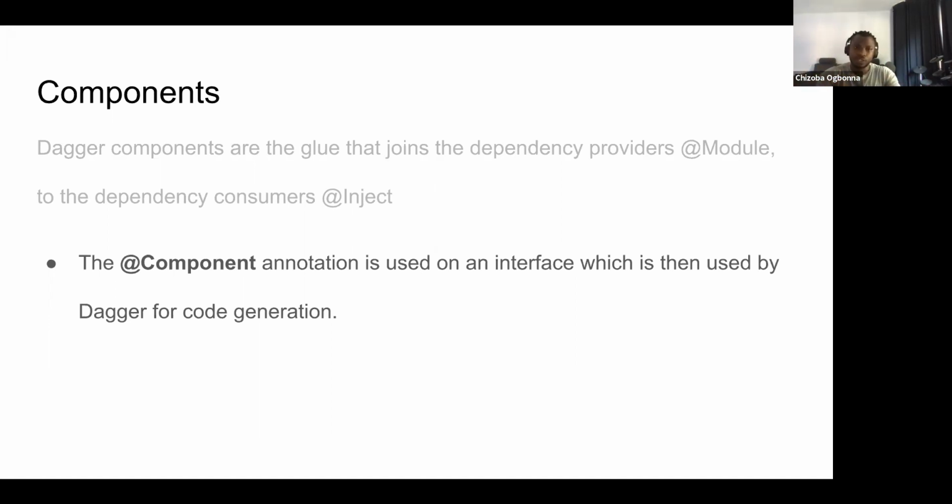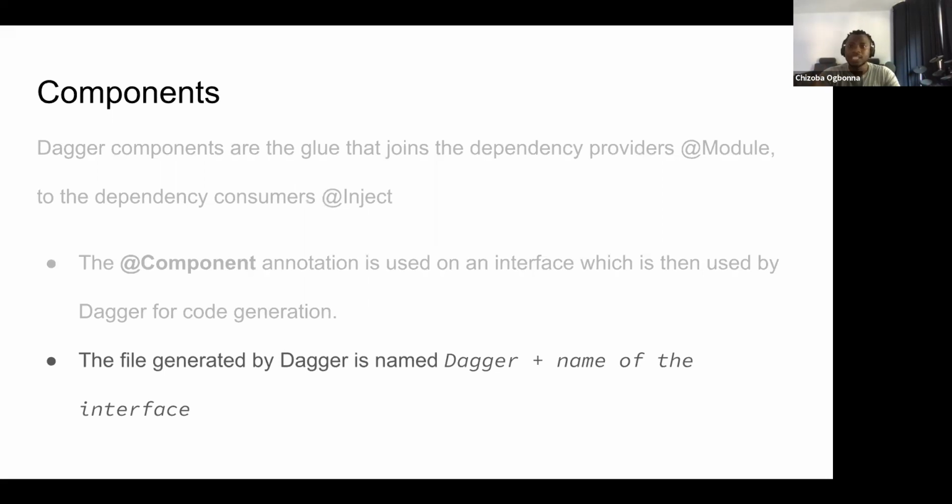Your component is used on an interface. And this is where Dagger comes in. This is the entry point for Dagger, to say, Dagger, come and do your work. So it's going to generate a file for you, which is usually Dagger plus the name of that component. For example, if you have an AppComponent, then it's going to be DaggerAppComponent. That is what Dagger is going to generate for you, and that is what you are going to use to build your component.